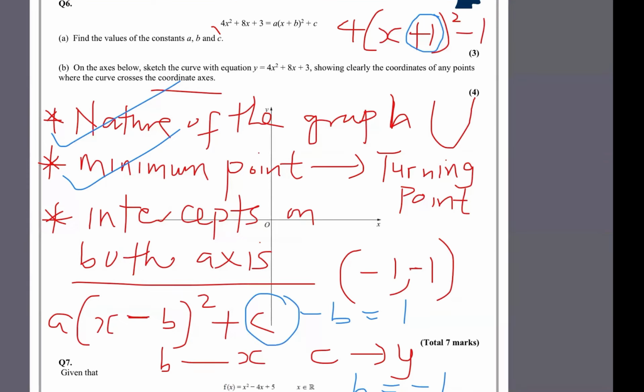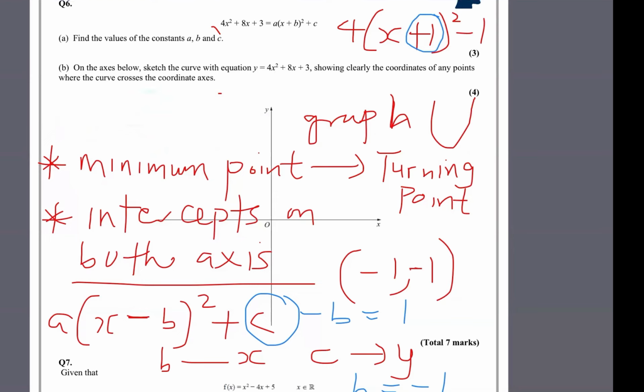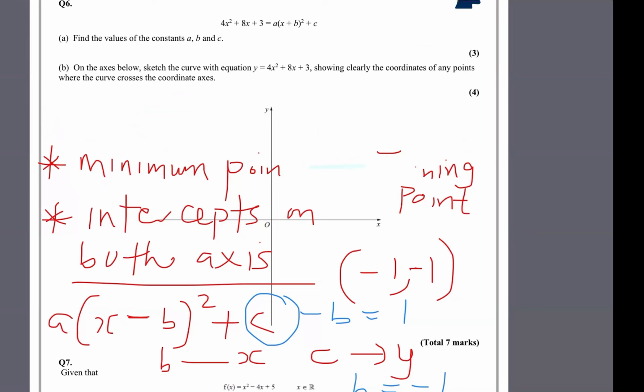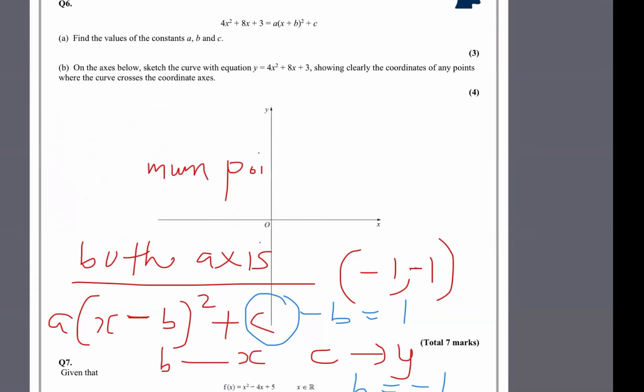So our minimum point is minus 1, minus 1, and that has been taken care of. So let's clean off and sketch with the information that we already have, even though we have a third piece of information that we still have to find.